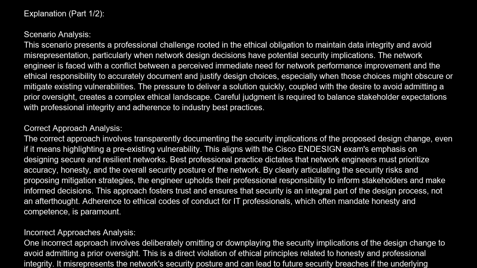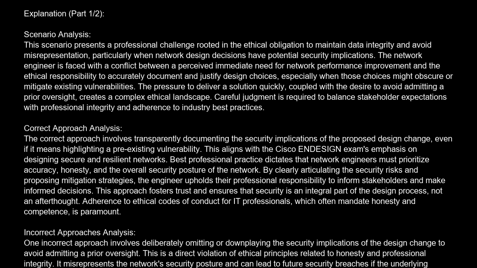By clearly articulating the security risks and proposing mitigation strategies, the engineer upholds their professional responsibility to inform stakeholders and make informed decisions. This approach fosters trust and ensures that security is an integral part of the design process, not an afterthought. Adherence to ethical codes of conduct for IT professionals, which often mandate honesty and competence, is paramount.